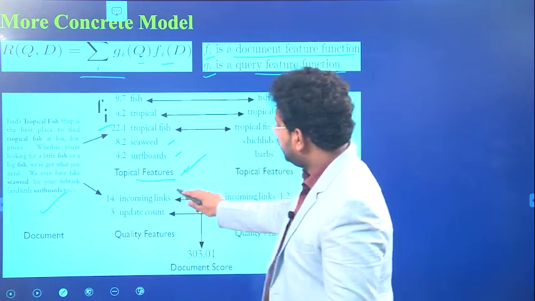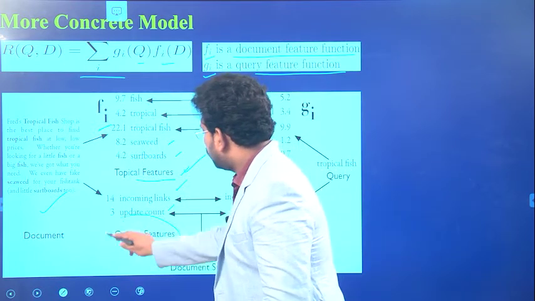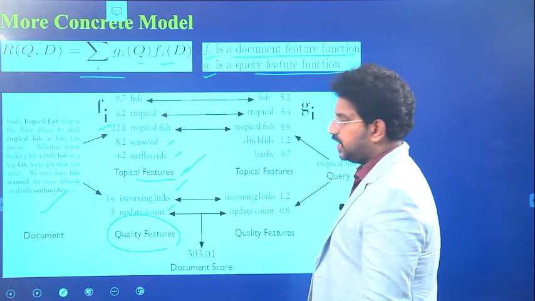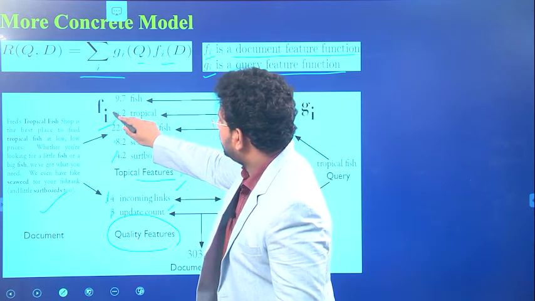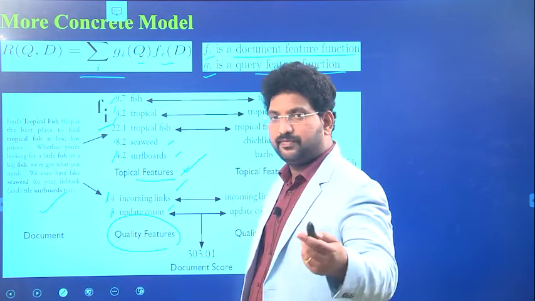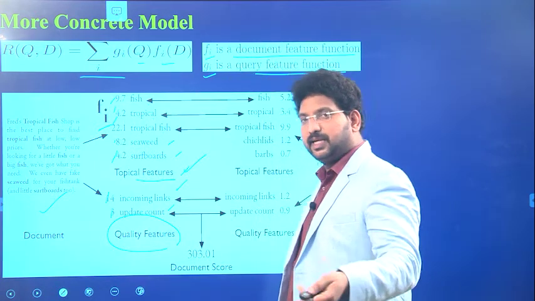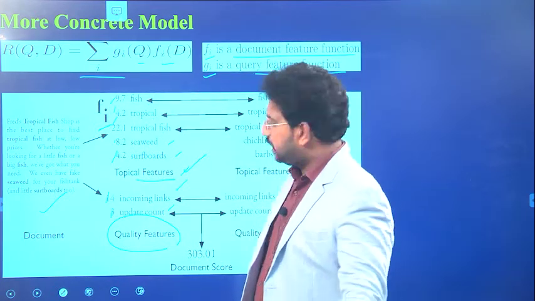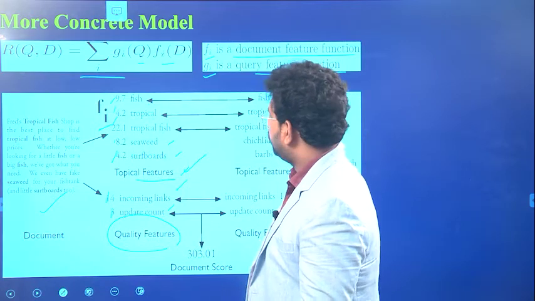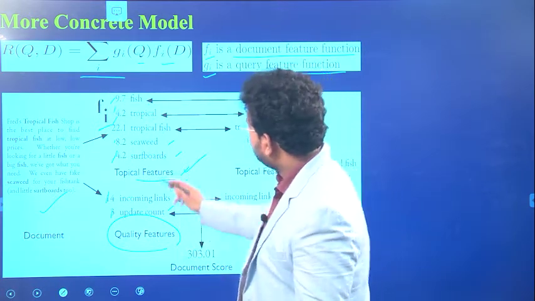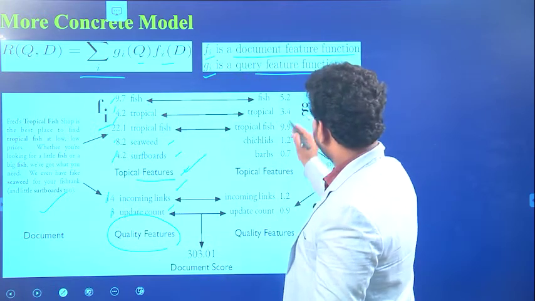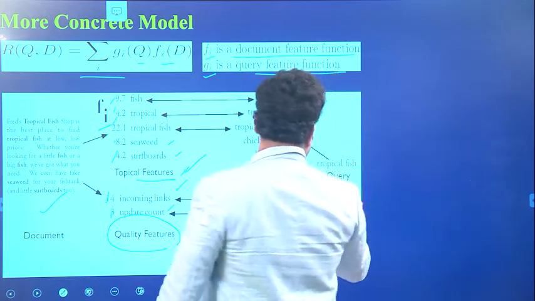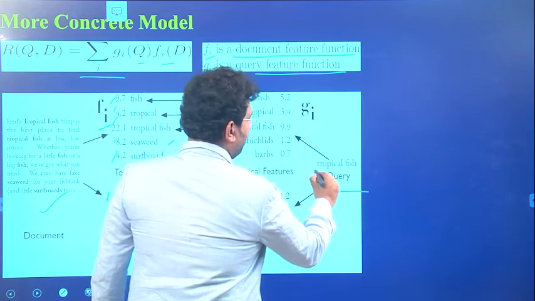And incoming links and update links, these two are the quality features, and they are assigned numerical values by the feature function. We already know that a feature function is simply a mathematical expression for expressing numerical values. This is from the document and it will be processed. And here is a query. The query is topical fish.